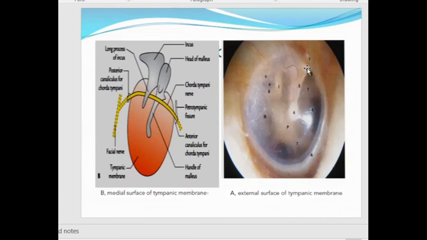Now the head is there, while the lateral process of the malleus is found here, and from it the handle of the malleus extends vertically down.